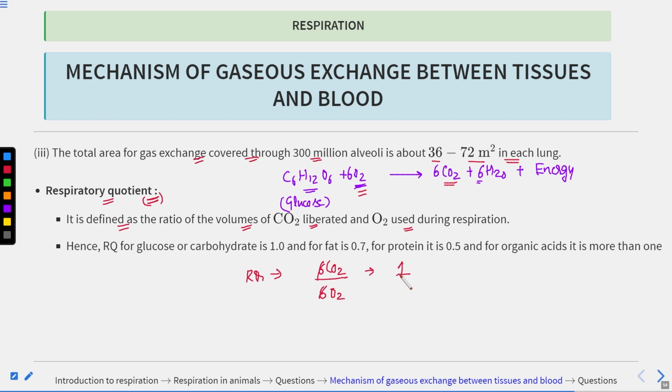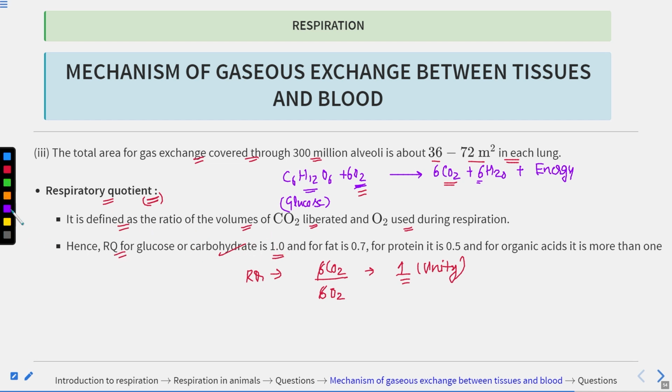So the RQ value of the carbohydrate such as glucose is 1, or you can also say unity. Unity is 1. Clear? So now you know if the RQ value is 1, then you can tell the respiratory substrate will be glucose or it will be a carbohydrate. Okay, so hence the RQ value for glucose or carbohydrate is 1.